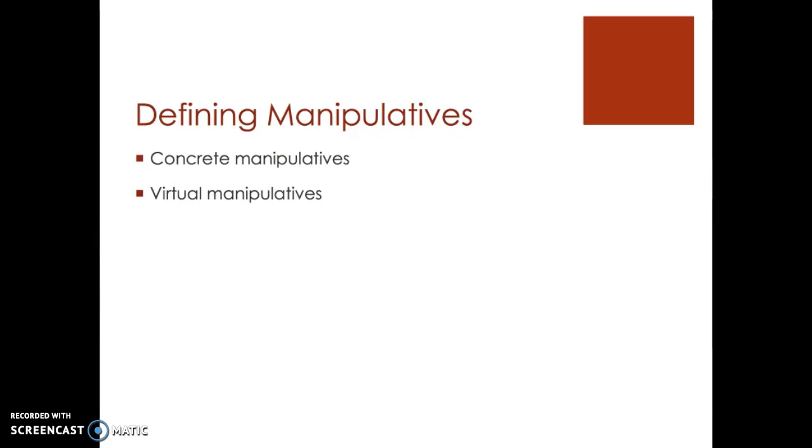Literature mentions 2 types of manipulatives, concrete and virtual. Concrete manipulatives are the physical objects that students can touch and hold in their hands, such as dice or algebra tiles or cubes. Virtual manipulatives are the online systems, such as Desmos graphing calculator, that take the place of concrete ones, which are said to be just as effective as concrete manipulatives.